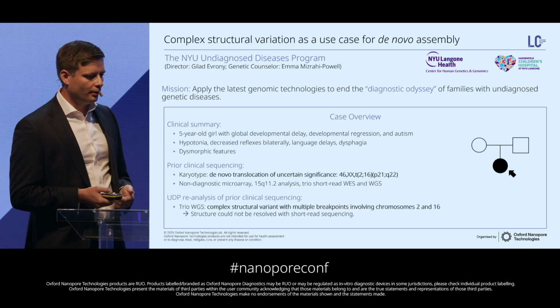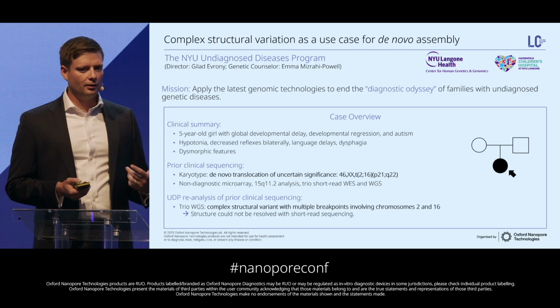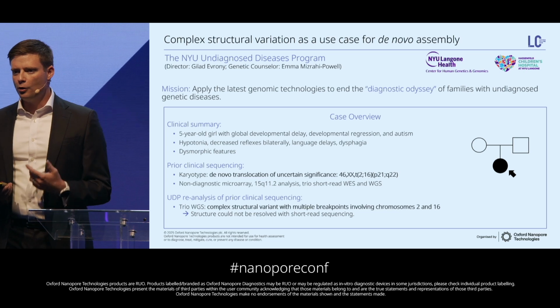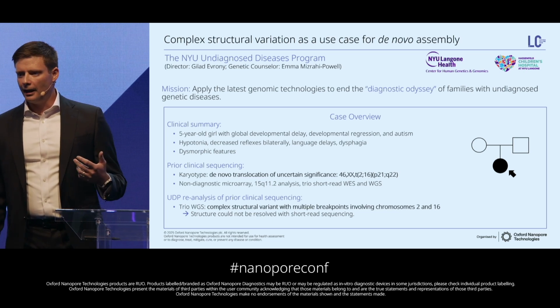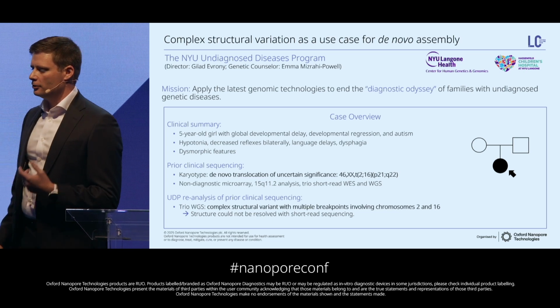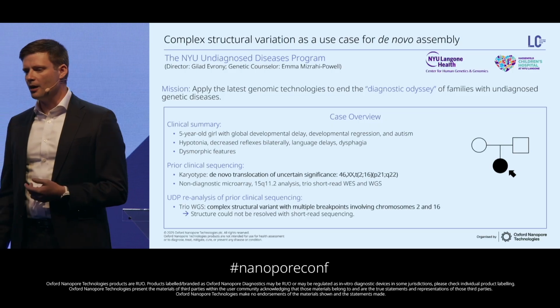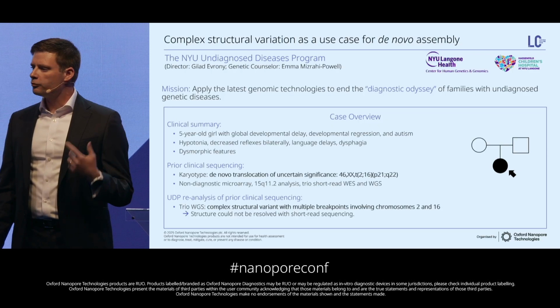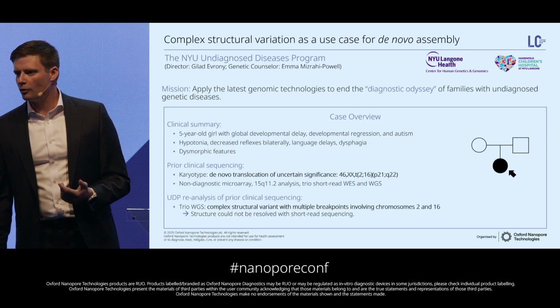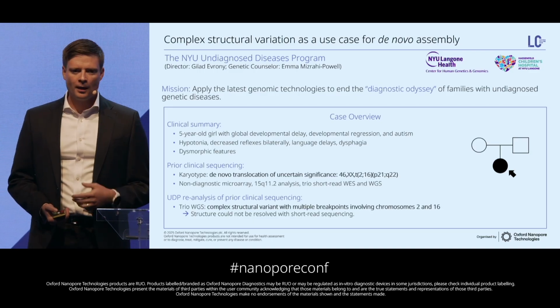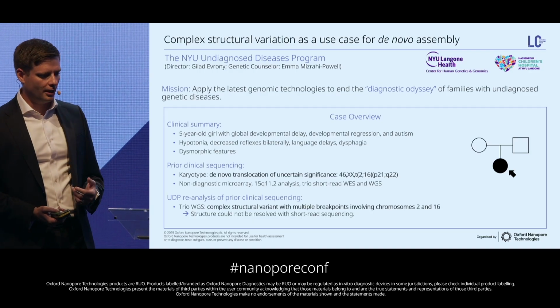This is a sample with developmental delay and regression and a host of related symptoms. They had a variety of different genetic tests done, including a karyotype that showed a translocation of unknown significance between chromosome 2 and chromosome 16, as well as a host of other undiagnostic tests.